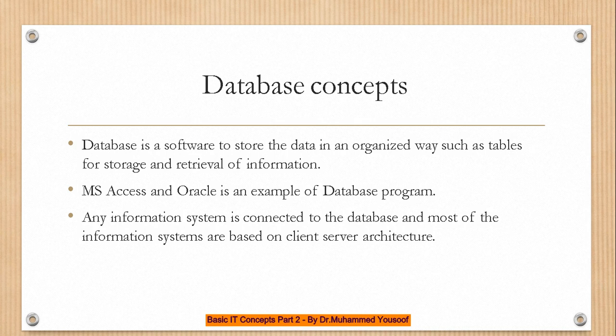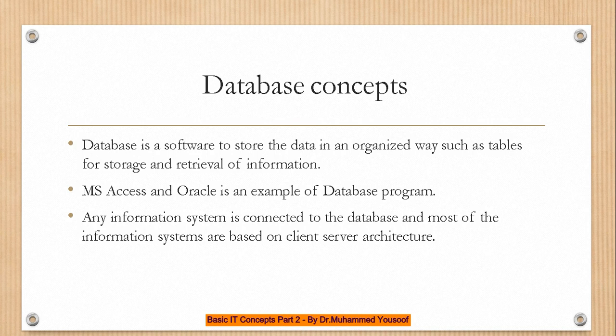Any information system is connected to the database because you have a user interface. Normally it is designed using Java, C Sharp or any other programming language. But in the back there is a place to store the data, and that is called database. In the database we are going to store all the information that has to be displayed on the screen.